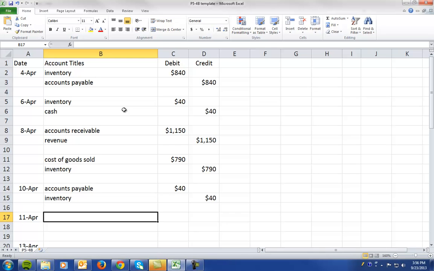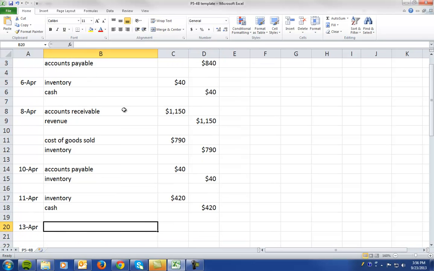Then on the 11th, it says they purchased tennis shoes from Rupp Sports Company for cash for $420. So there is no discount or accounts payable involved. So we credit cash here.